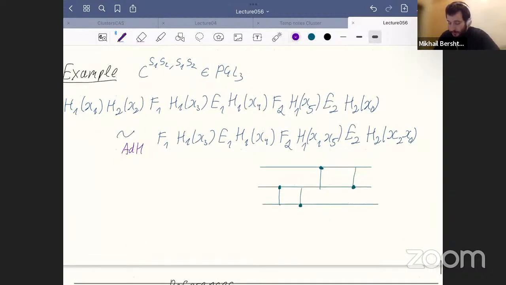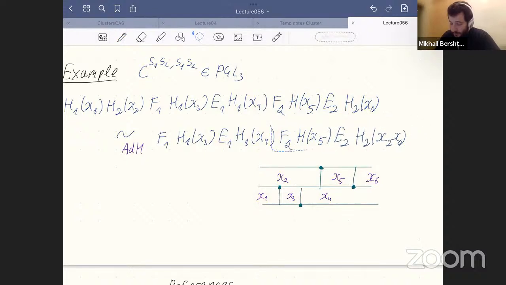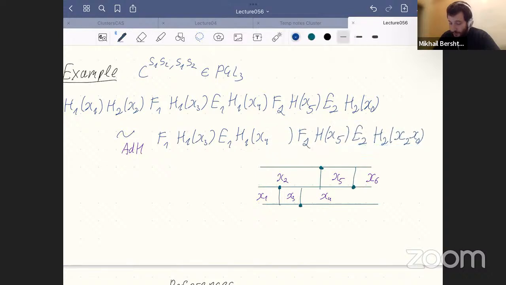And the vertices are, and the edge variables are here, x1, x2, x3, x4, x5. Sorry. Here is h2 of x5. But this h1 which we had goes successfully here and appears here.